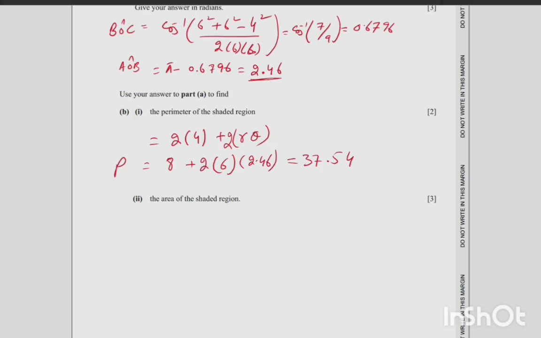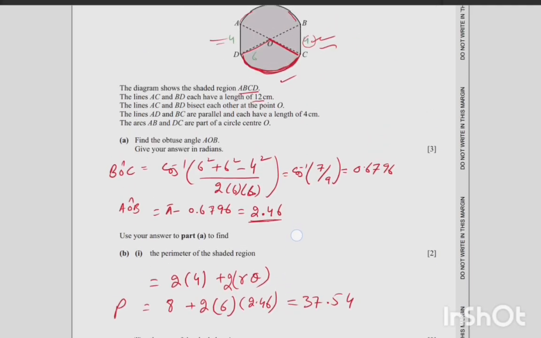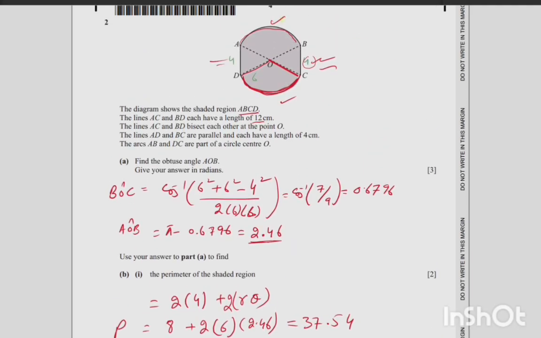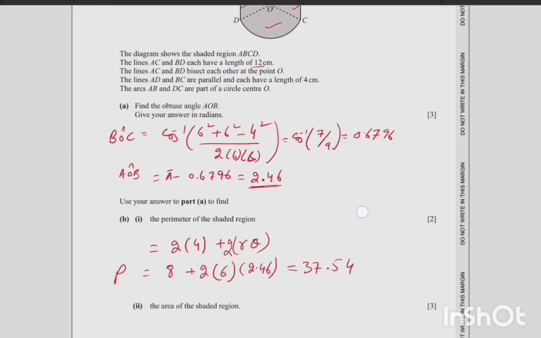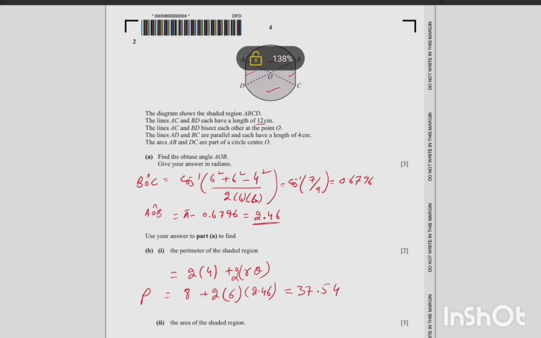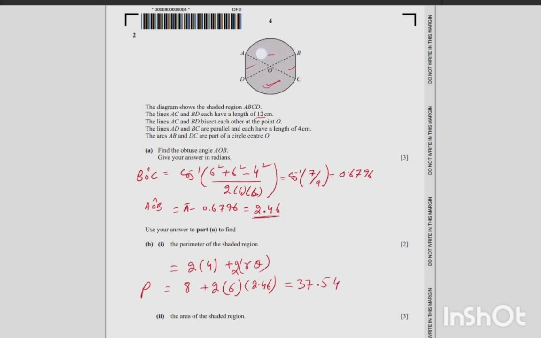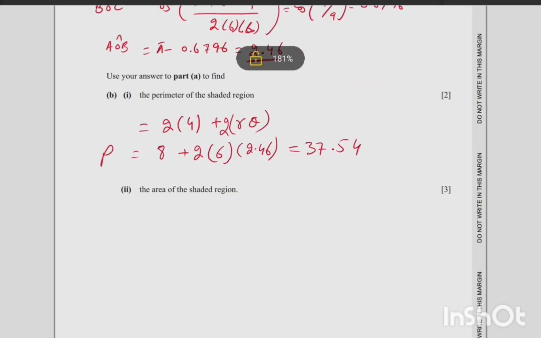Now our third part: the question is the area of the shaded region. So what is the shaded region? These all are the shaded regions, so we find the area. There are two sectors and two triangles. We have to add two sectors and two triangles.